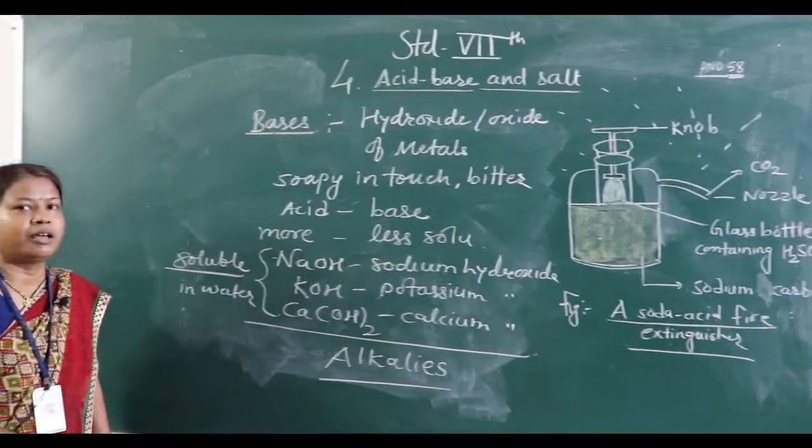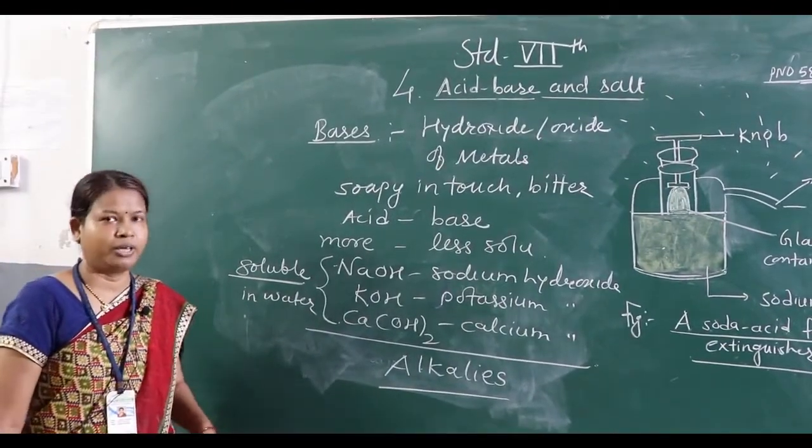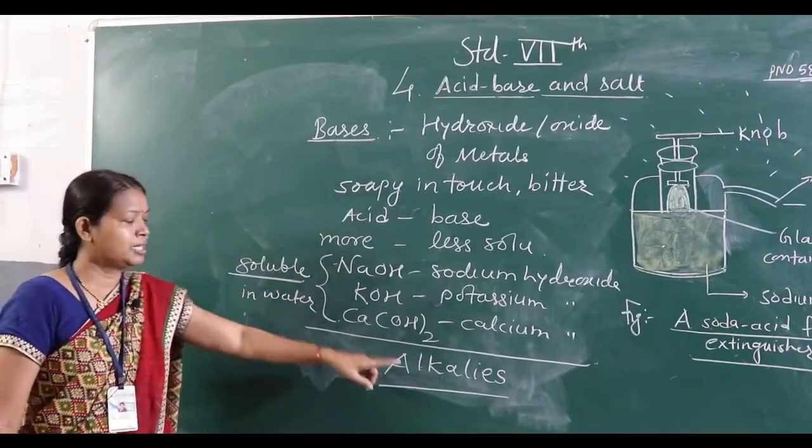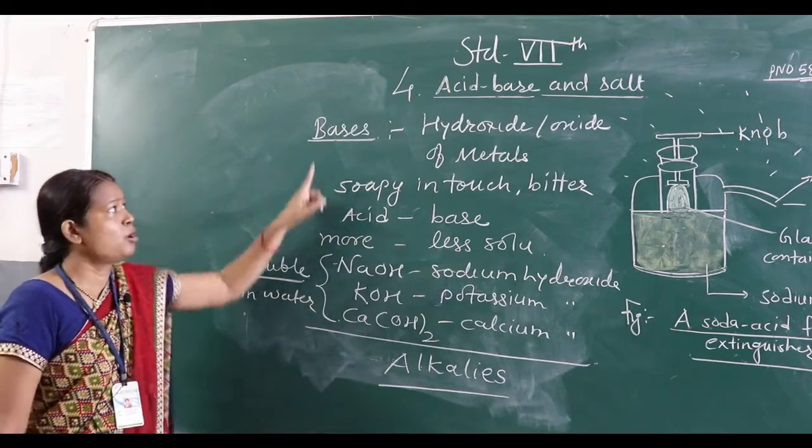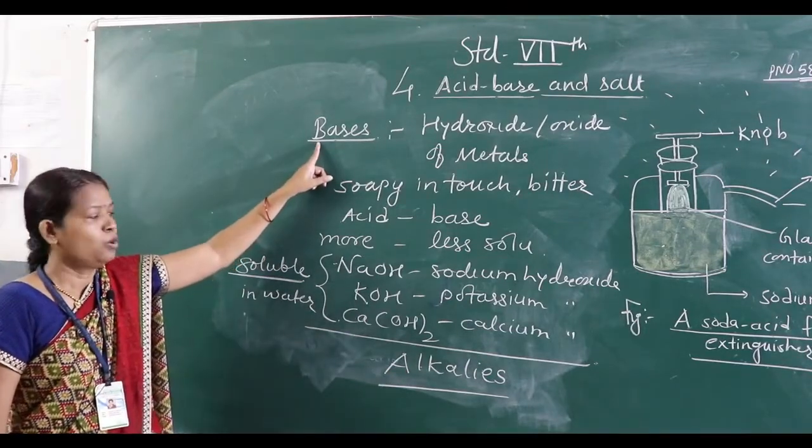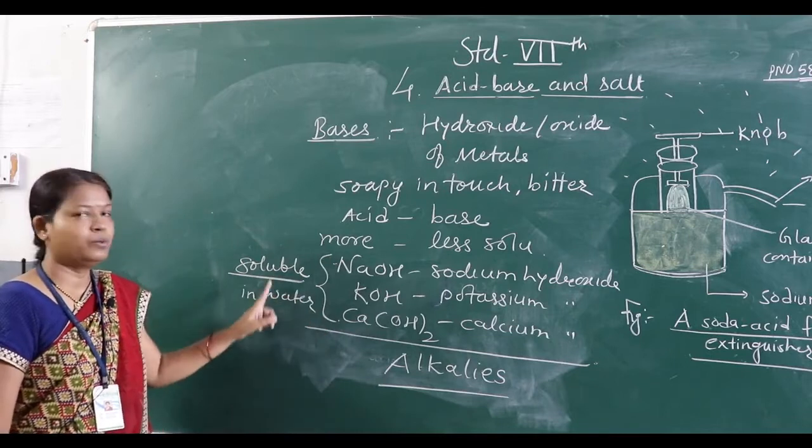Don't get confused between bases and alkalis. Bases are different and alkalis are also different, because all bases are not soluble in water. Only a few of the bases are soluble in water.